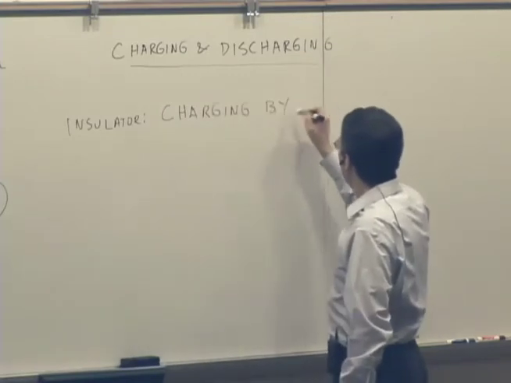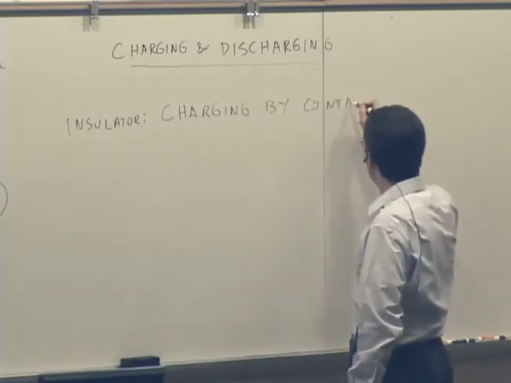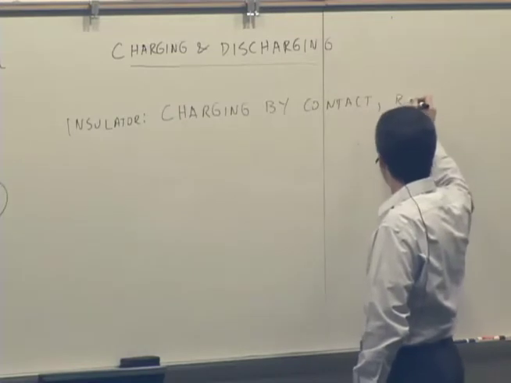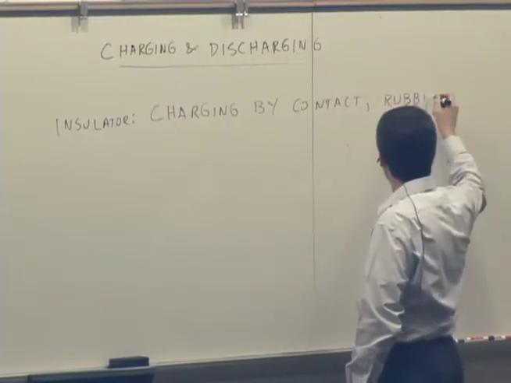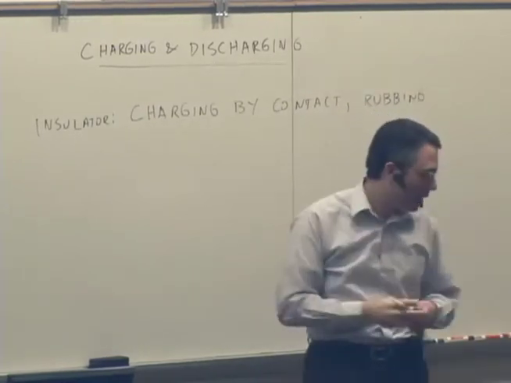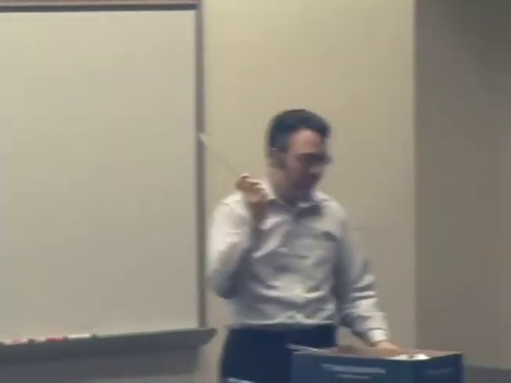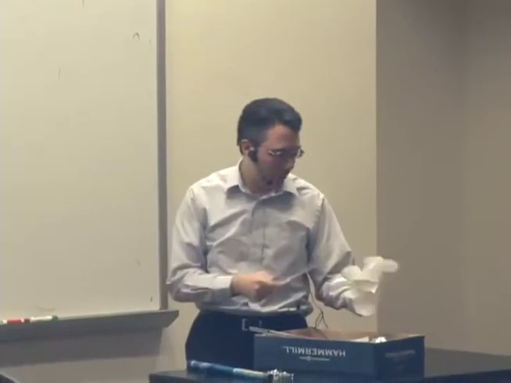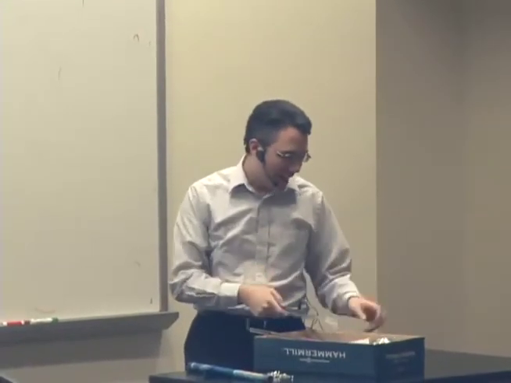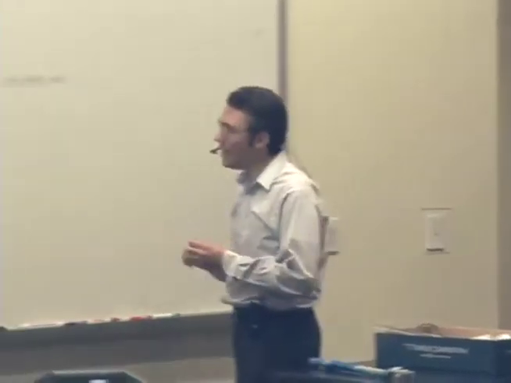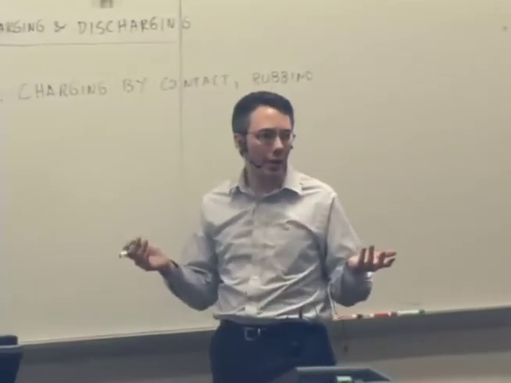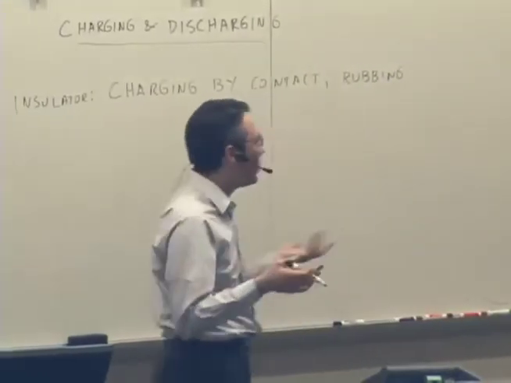Charging by contact or rubbing, where you have surface interactions going on. I showed the example of taking the plastic pipe and rubbing it with some material. We said there's charge exchange going on, some transfer of electrons.